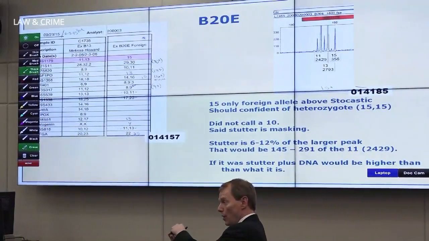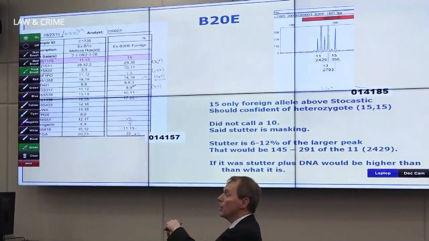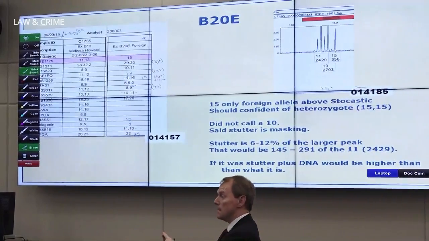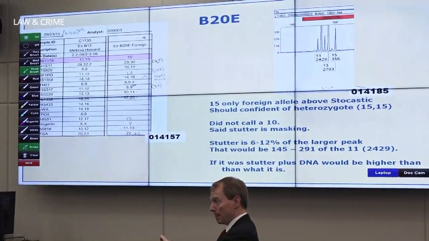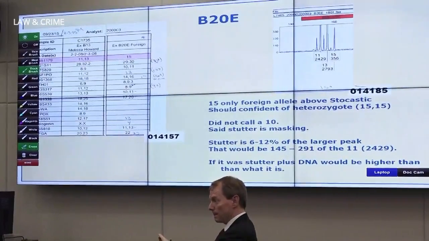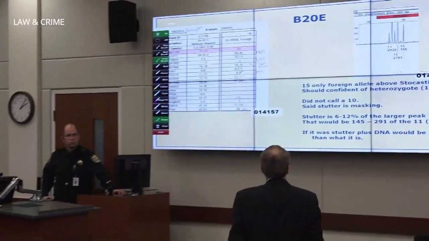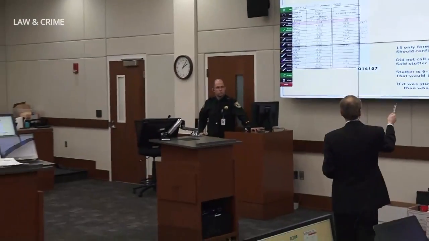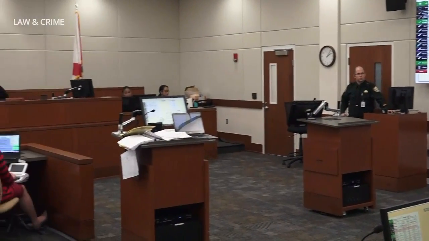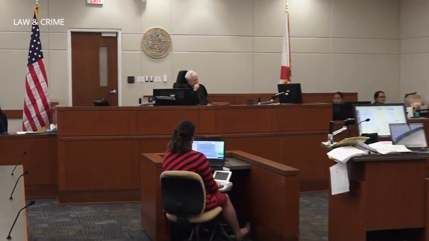If it's either one of those three, if it's a heterozygote or Melissa Howard is masking it, correct? That's a possibility, but it could be with other peaks as well. Did not call it 10 at that location. No, I didn't. Okay.